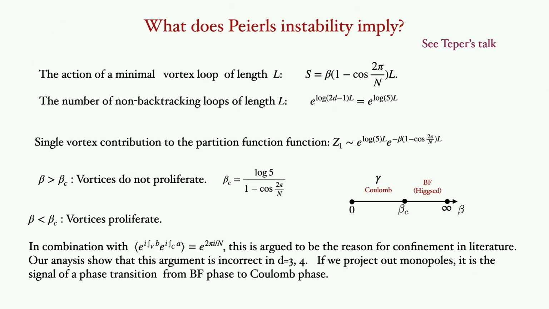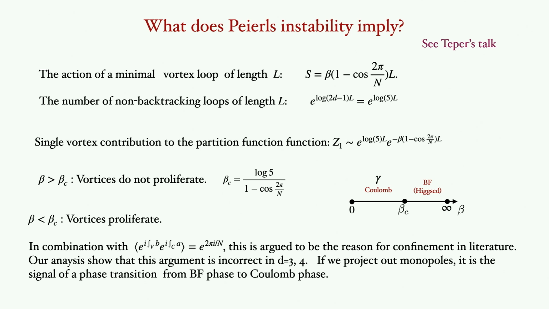There was this nice Peierls-type instability argument which appeared in Mike Tepper's talk, and I want to tell you what happens to it. Because this argument, often taken by lattice gauge theorists, is the evidence for confinement by center vortices. So the action of a minimal vortex loop is something like this. You can calculate it.